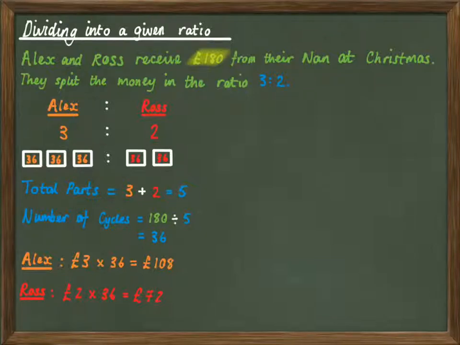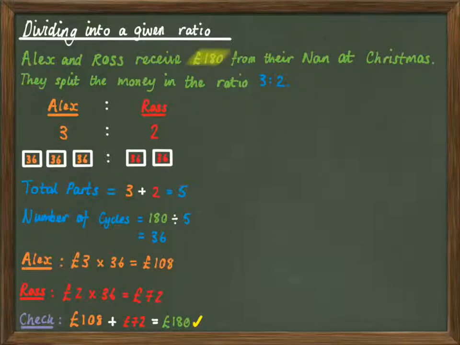Now the nice thing with this type of question is you can check your own answer. You can basically tell whether you're right or not. If you think about it, when I put together what Alex has got at the end and what Ross has got at the end, I should have the total of what I started with. So the £108 Alex has, plus the £72 Ross has, should get me back to the 180. 108 plus 72 does give me 180.